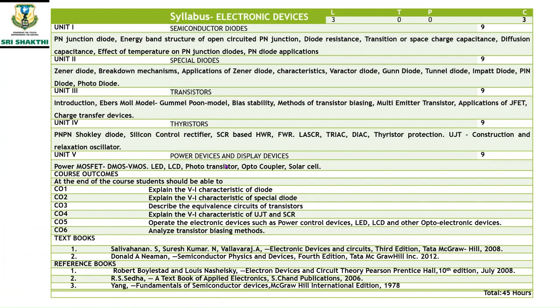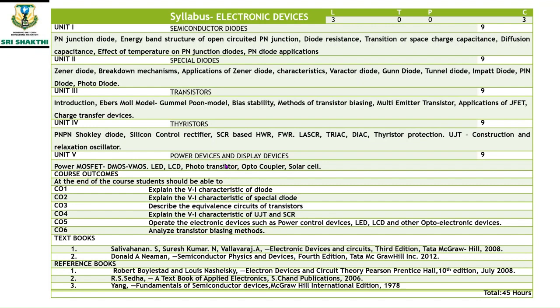Most importantly, why I showed you the syllabus is to make you understand the textbooks referred. I mean, the textbooks are two. One is Electronic Devices and Circuits by Salivahanan. That is your first textbook. So that book will contain all the syllabus. You must be getting that book from the college. Then Neamen, Semiconductor Physics and Devices, you have to refer.